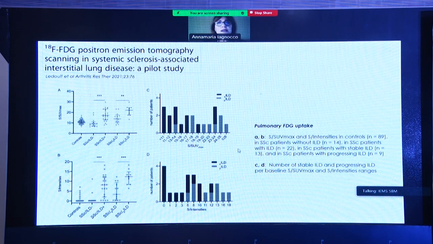In this study, you see that those patients who had follow-up progression of the interstitial lung disease had an increased uptake at baseline compared to those who didn't demonstrate a progression at follow-up.